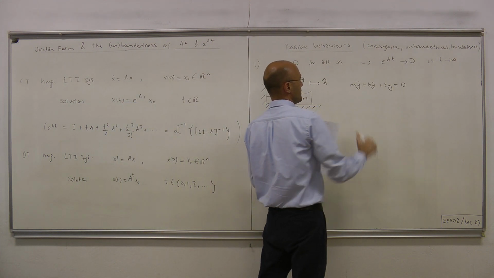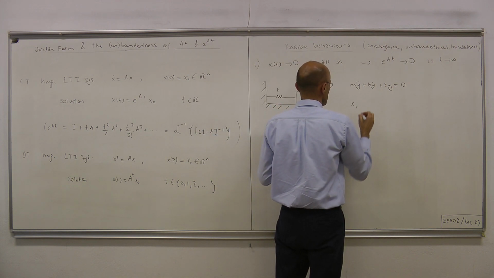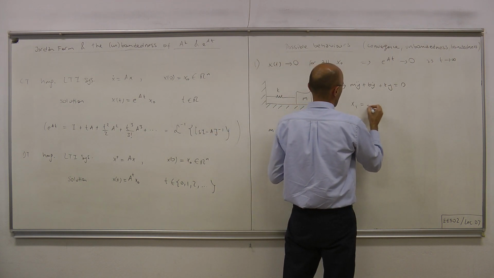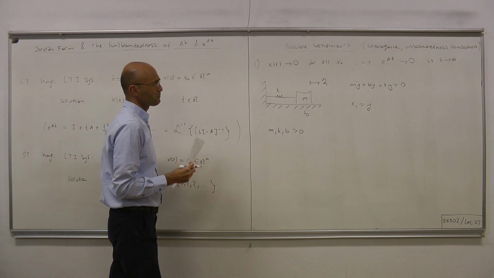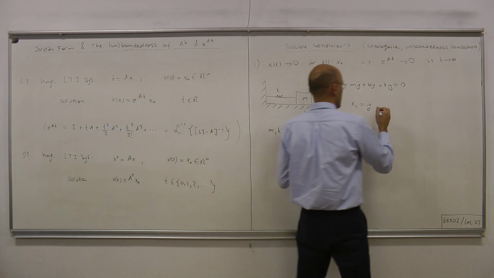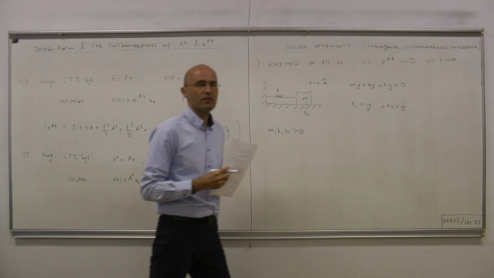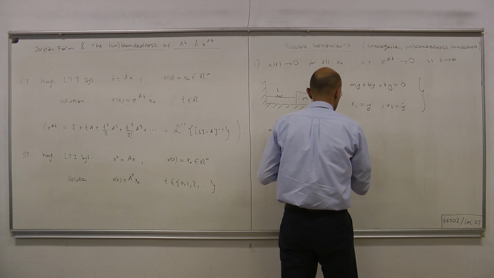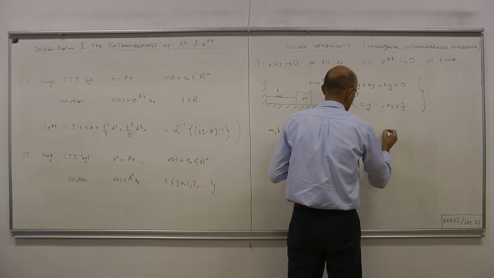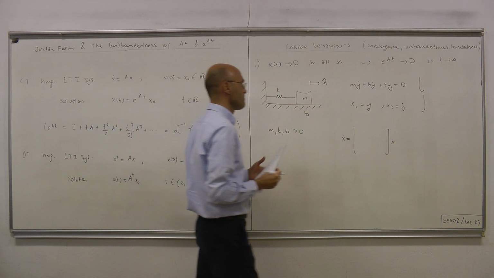Now let's put this representation into state space. For this, we choose the state x1 as the displacement or position, and x2 as the velocity y dot. With that state choice, we immediately obtain x dot equals A x. And what's A?